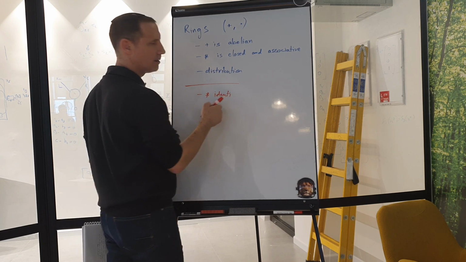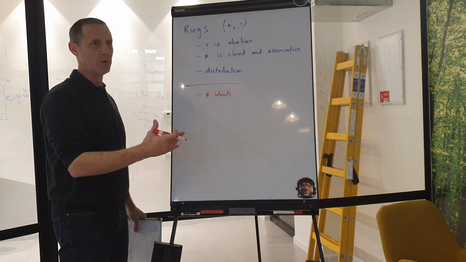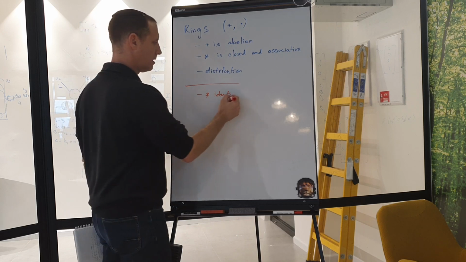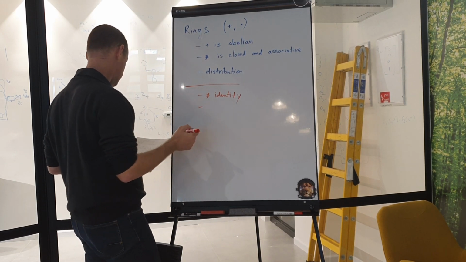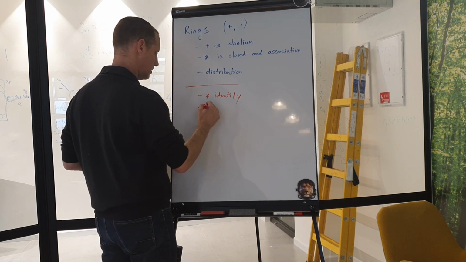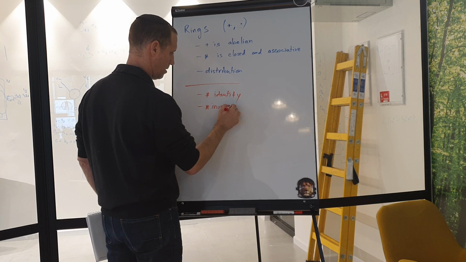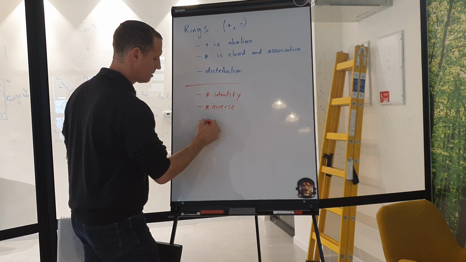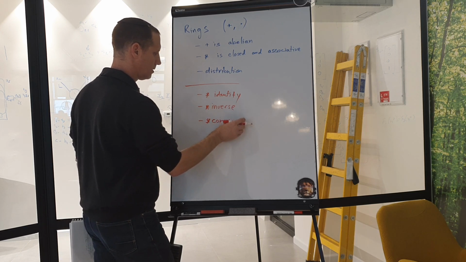I mean, not necessarily, but in the most general form, a ring doesn't need a multiplicative identity. Right, it doesn't need an inverse, right? And it also doesn't need to be commutative.